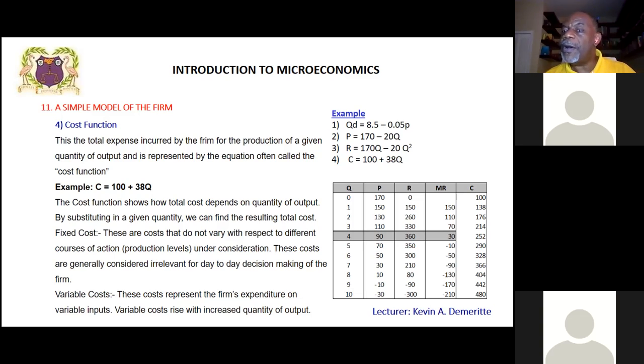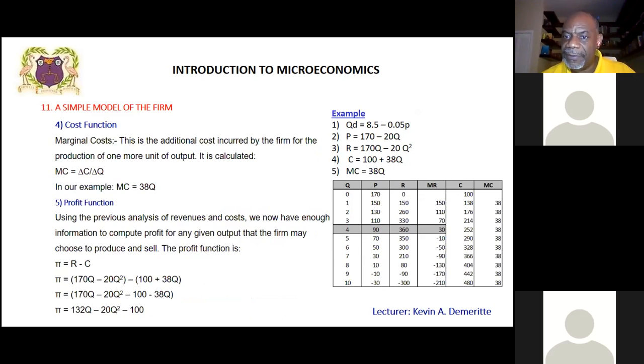Our marginal revenue was positive. That means, according to our marginal principle, as long as marginal revenue exceeds marginal cost, you should increase production. So we should go beyond 4. But if we go to 5, it becomes negative. So 4 isn't far enough, but 5 is too far. So we know then that the peak is somewhere between 4 and 5.